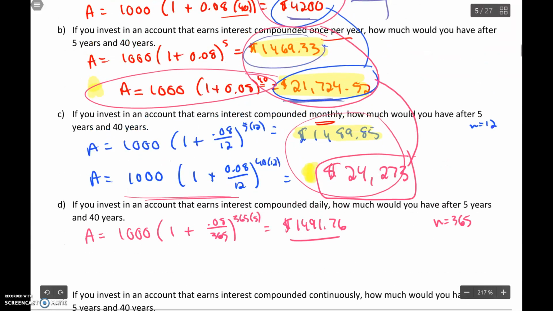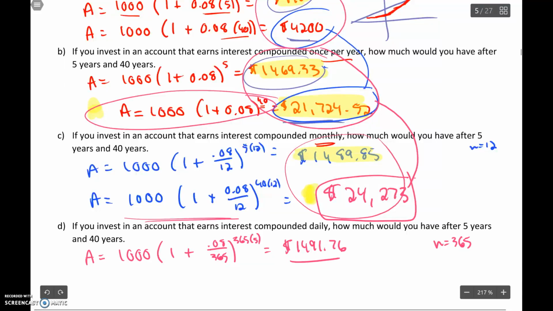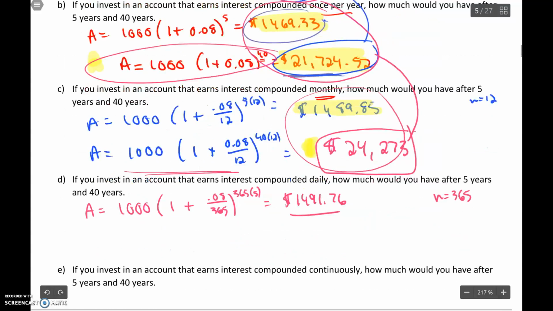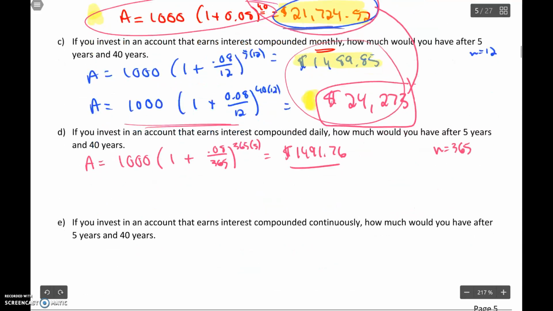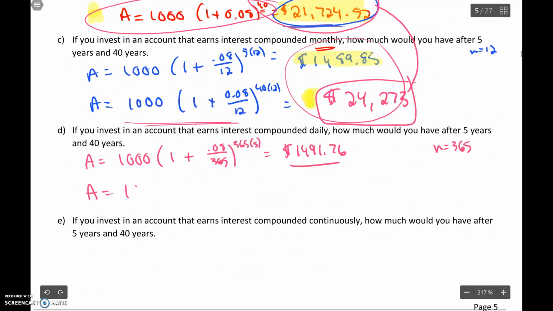So as you can see, we went from 1469 to 1489 to 1491. You see, it's kind of slowing down. Here we went from 21.7 to 24.2. Again, this isn't going to be as much as you wished it would be.